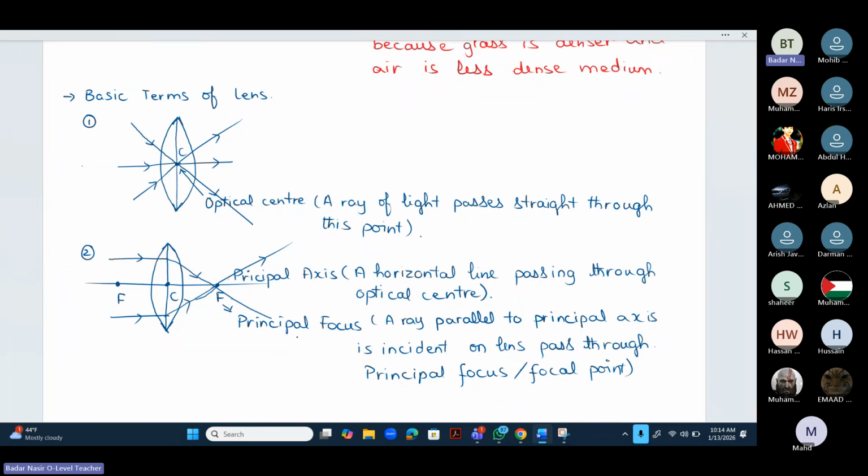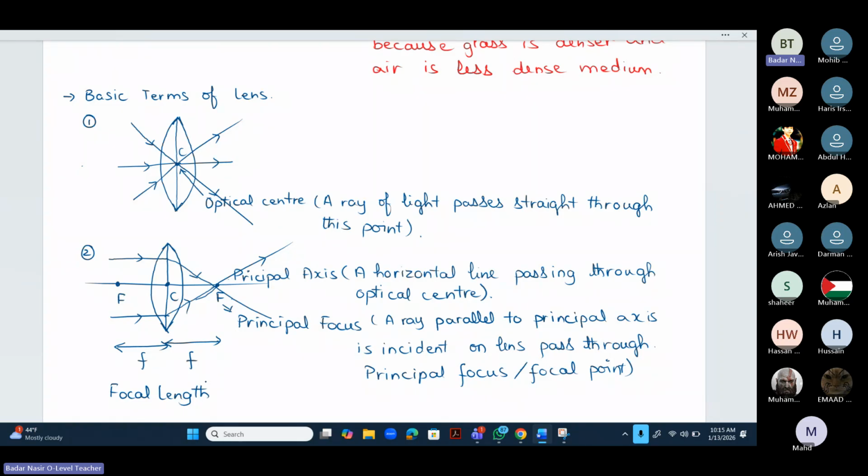Now the distance between the principal focus and the optical center of the lens is called the focal length. Focal length exists on both sides of the lens. So this is your focal length. Now what is focal length?